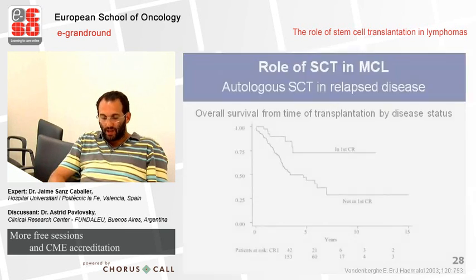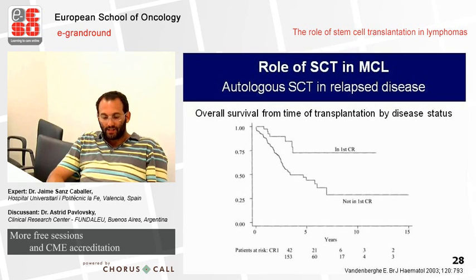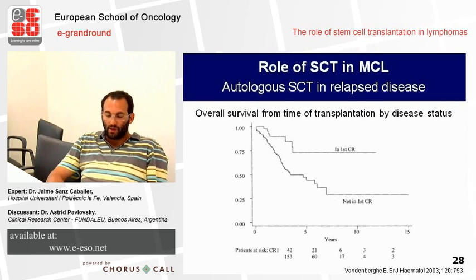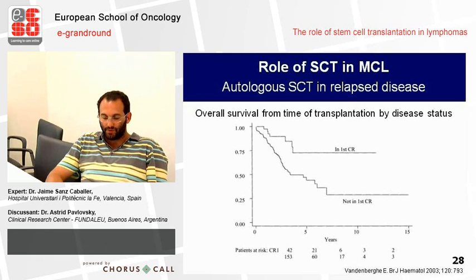Slide number 28. The largest analysis on the benefit of transplant in mantle cell lymphoma was reported in a study of the European Bone Marrow Transplant Registries. Outcome was reported on 195 patients enrolled with a median follow-up of 3.9 years. The 2-year overall survival was 76% and at 5 years 50%, with progression-free survival of 55 and 33% at these time points.